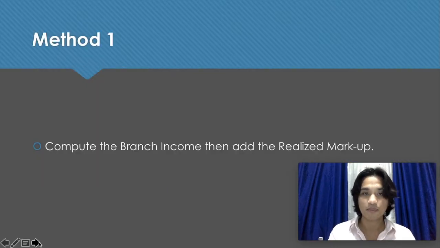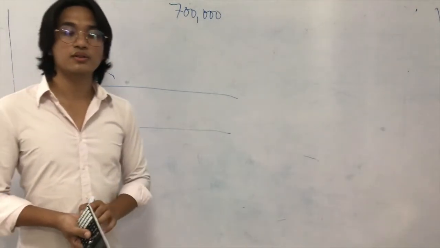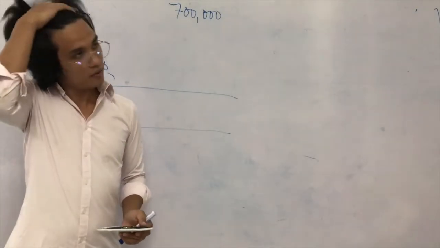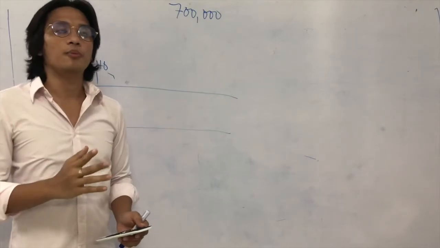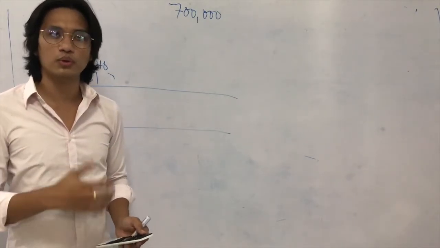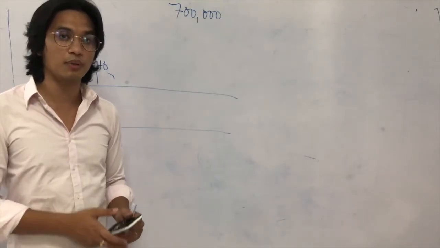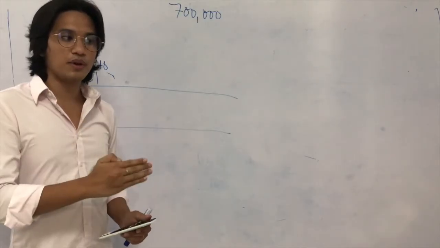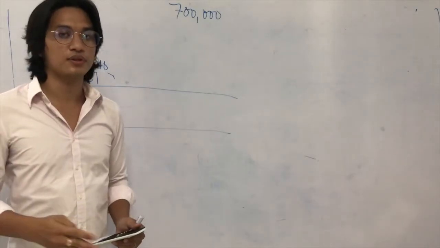Method number 1, compute the branch income, then add the realized markup. Now scenario number 3. For scenario number 3, we don't have any purchases from outside suppliers, but the shipments are marked up at various percentages.